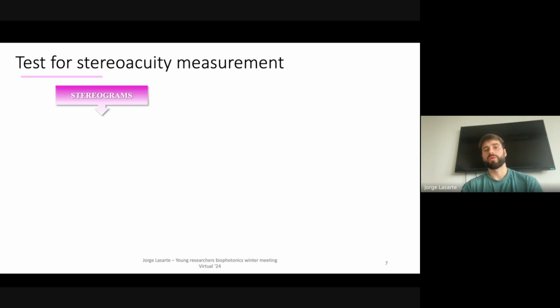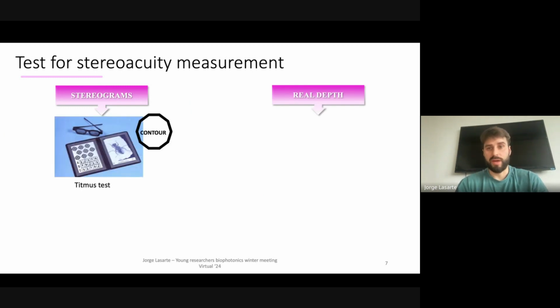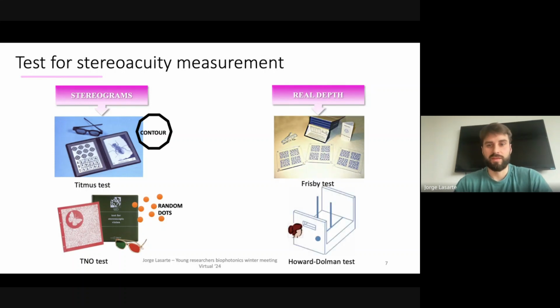So right now, the way in which we generally measure stereoacuity is by the tests that almost everybody in the optometry field knows. And they're separated into different areas, mainly stereograms and real depth. From its own name, real depth is the one where there are some objects actually placed at a certain distance in the real world, and we are just trying to get the patient to tell us whether one object or the other is in front.